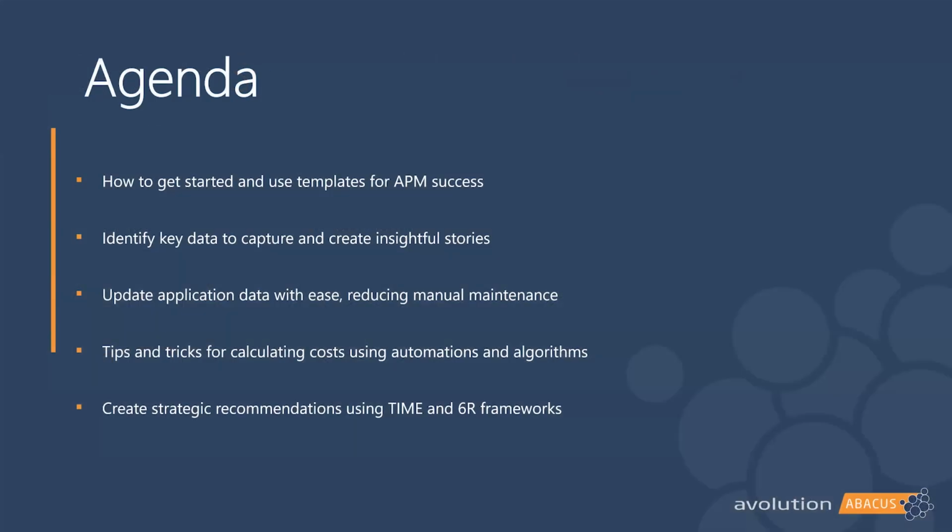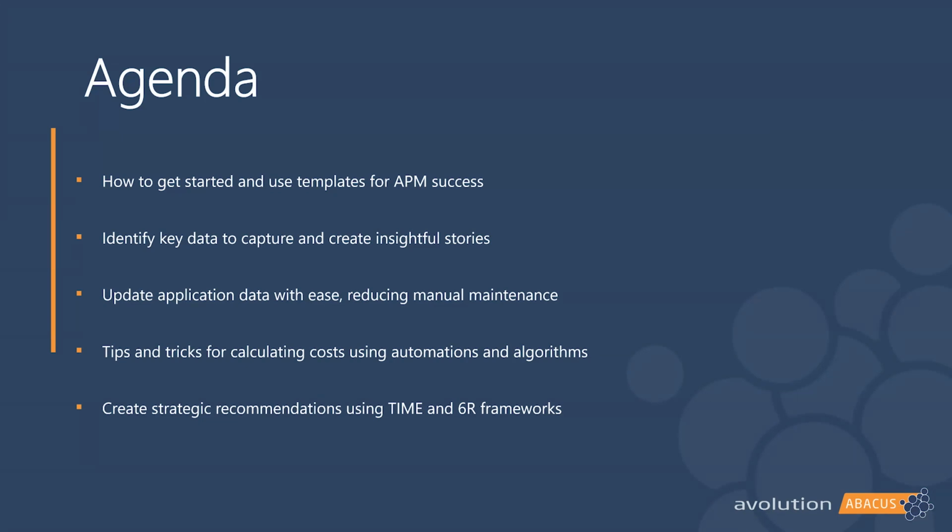Now, the agenda really is just to cover off what I want to go through from a tooling perspective. So I'm going to jump into ABACUS and really cover off how we can get started with APM, how we might support organizations through different templates and use cases. We'll look at how best we might capture and maintain that information, how we can start building portfolio views and dashboards to tell stories about that data.